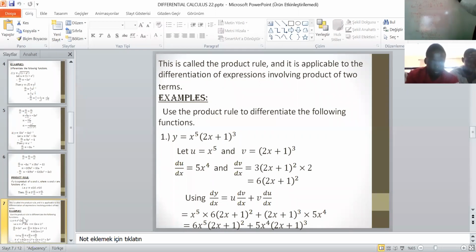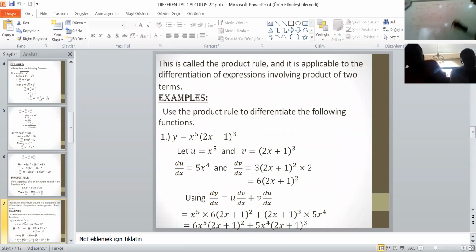So that means then substitute u here. Our u is x raised to the power 5. Then our dv dx is here 6 into (2x plus 1) all squared, then plus our v, (2x plus 1) raised to the power 3, times du dx.